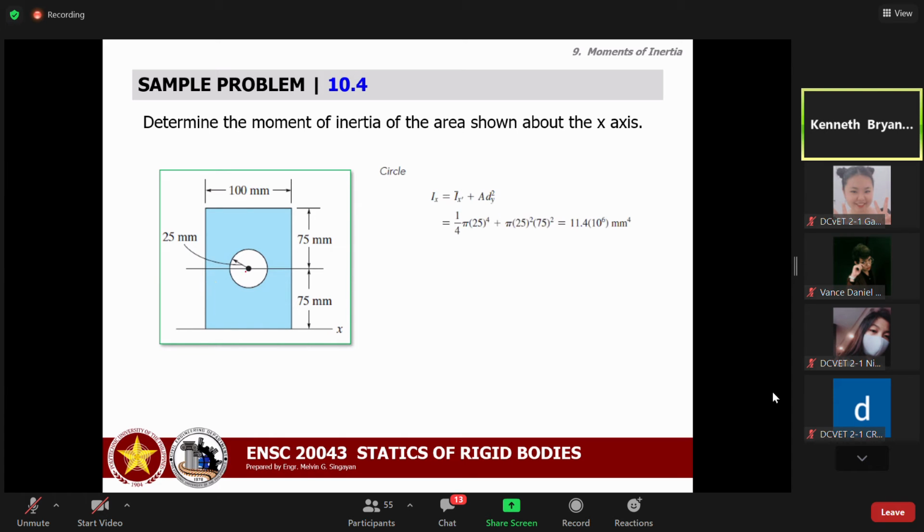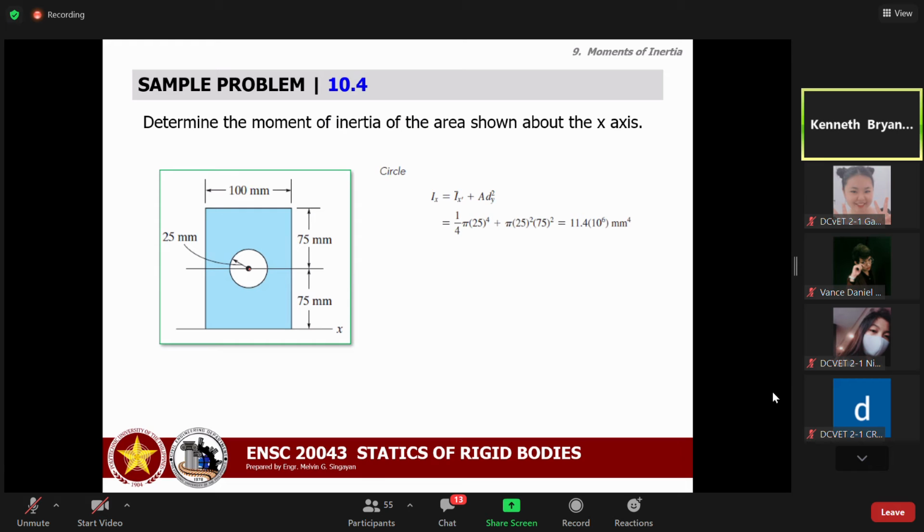Since the moment of inertia will be taken about the x-axis, take note, the centroid of the circle is here. Hindi lang centroidal. So, ano dapat gamitin? The parallel axis theorem. So, circle, Ix equal to I bar x prime plus A dy squared.